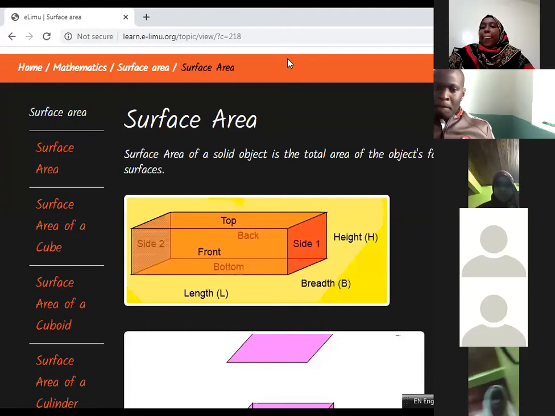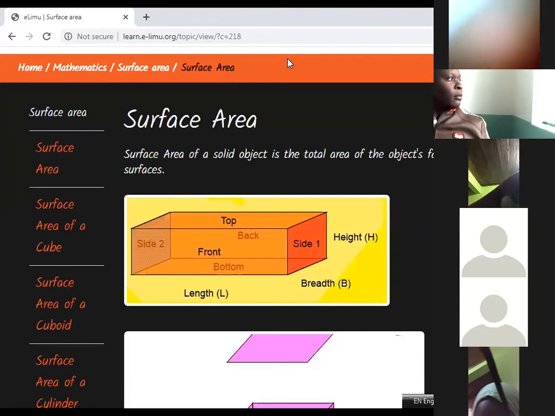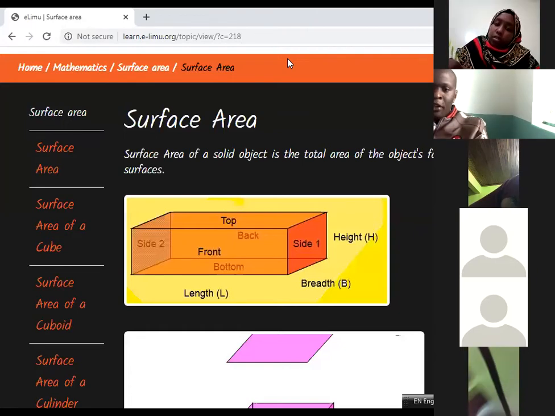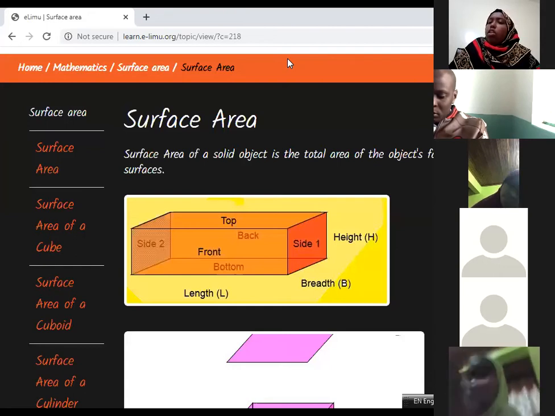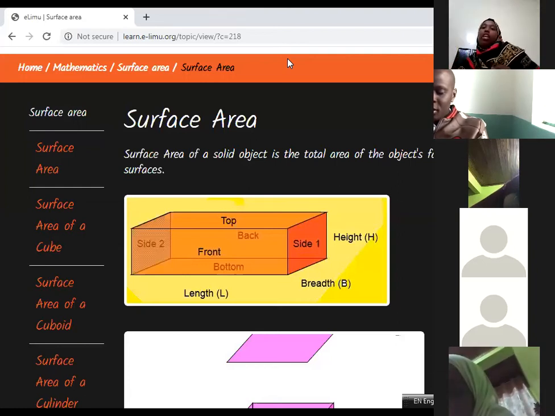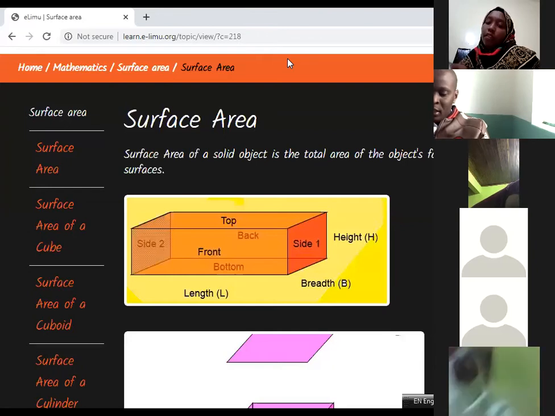Question number 1. Find the surface area of a cuboid whose length is 8 centimeters, width 5 centimeters, and height 10 centimeters.